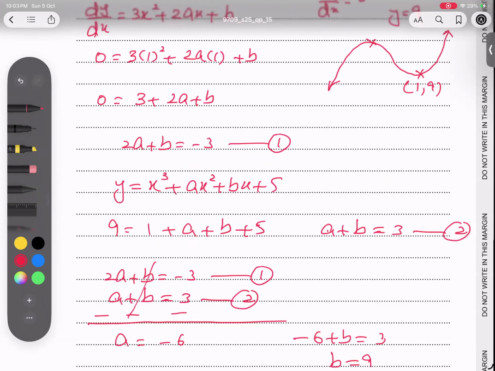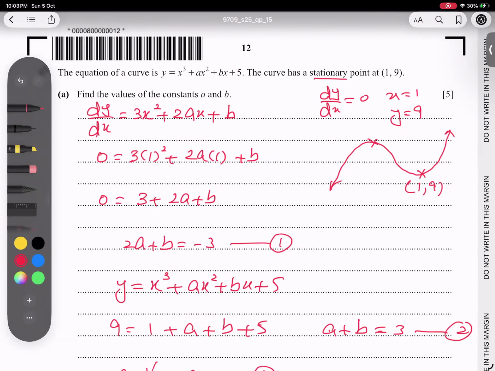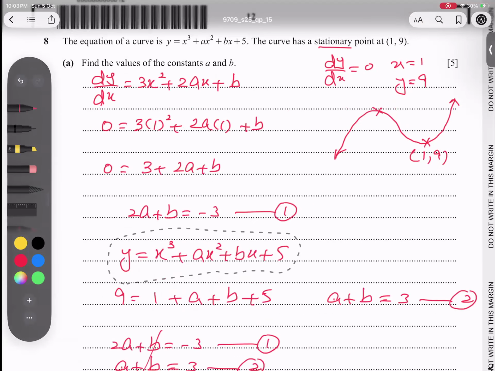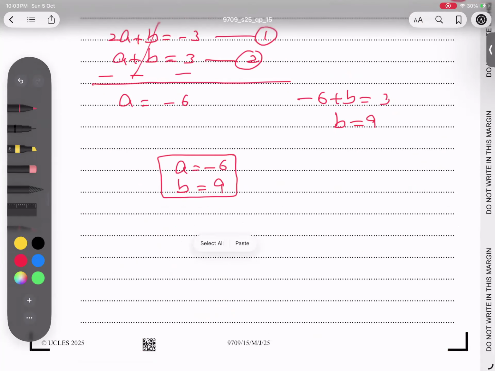Then I plug the values back into the equation here. When I take this equation back, copy it, I need this equation for the next page. So a is replaced by -6 and b is replaced by 9. Here -6, here 9x. Copy or even cut.